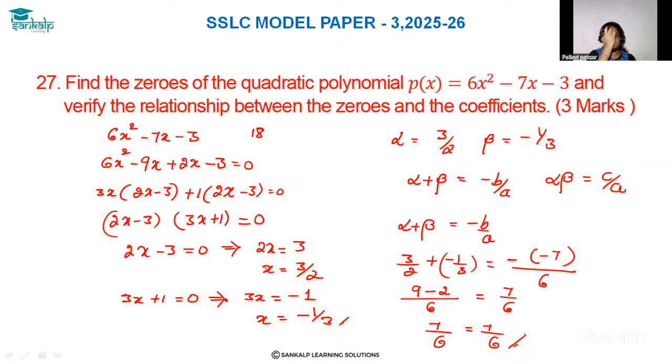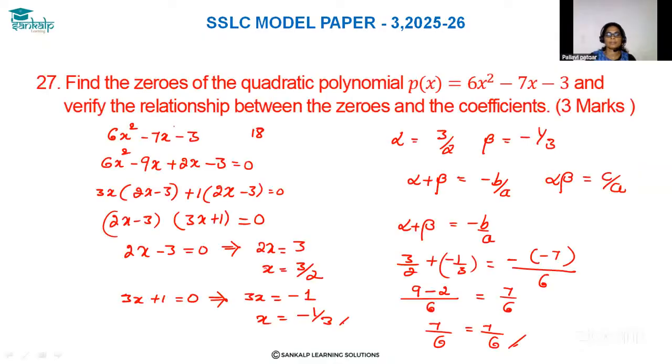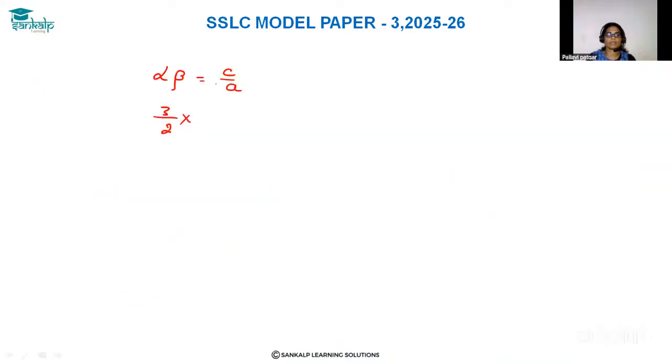Okay. So next, product of zeros. Product of zeros alpha into beta is equal to c by a. So here alpha is 3 by 2 into beta is minus 1 by 3.